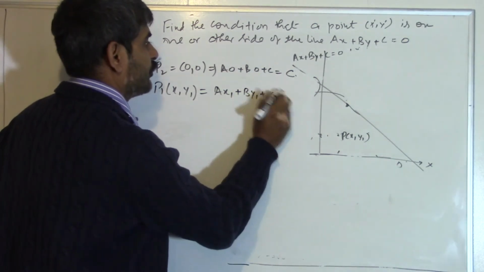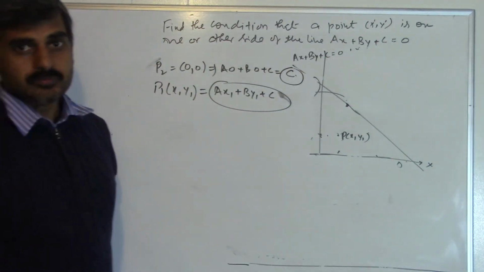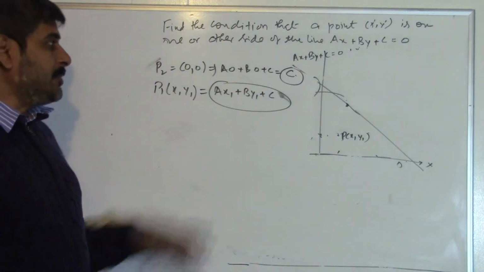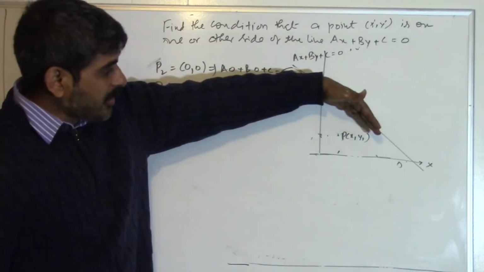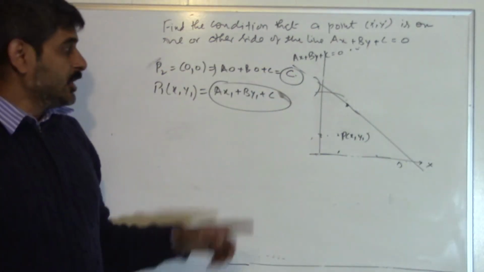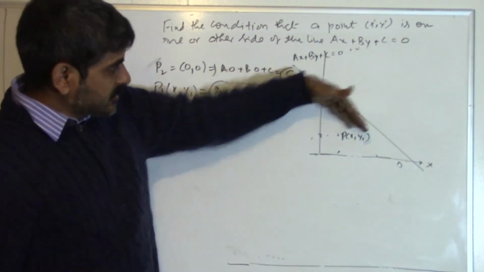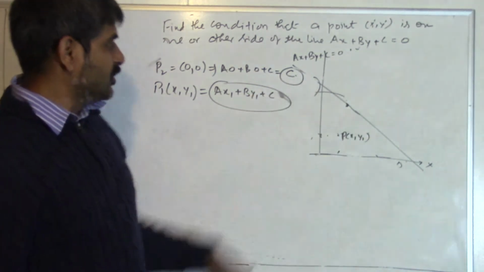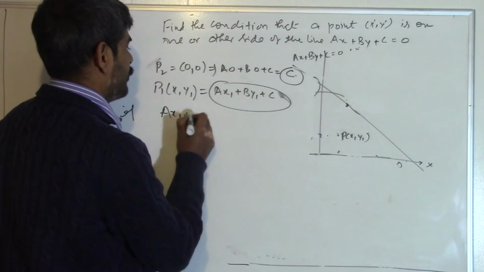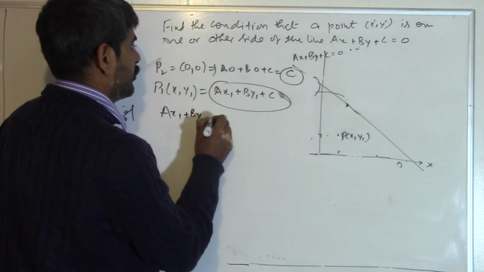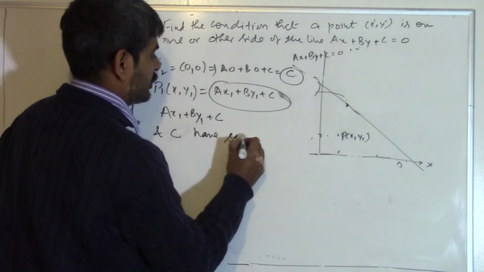Now, if this and this both have the same sign, then they are on the same side. So, a given point is on the same side that has the origin if ax1 plus by1 plus c and c have the same sign.